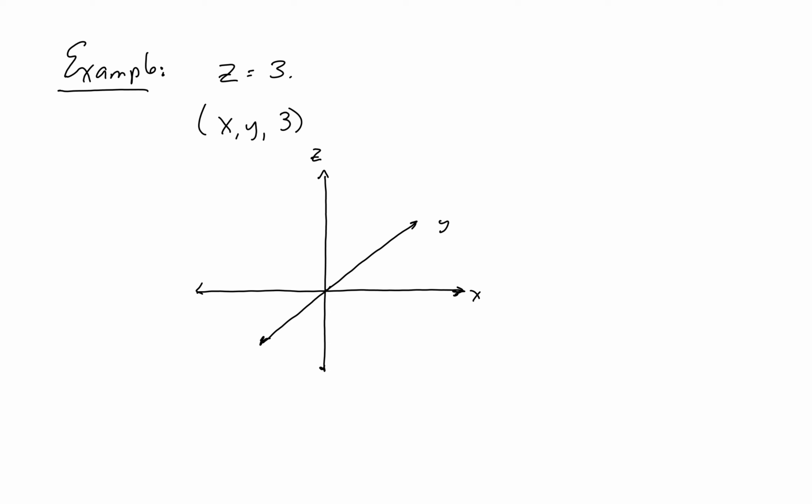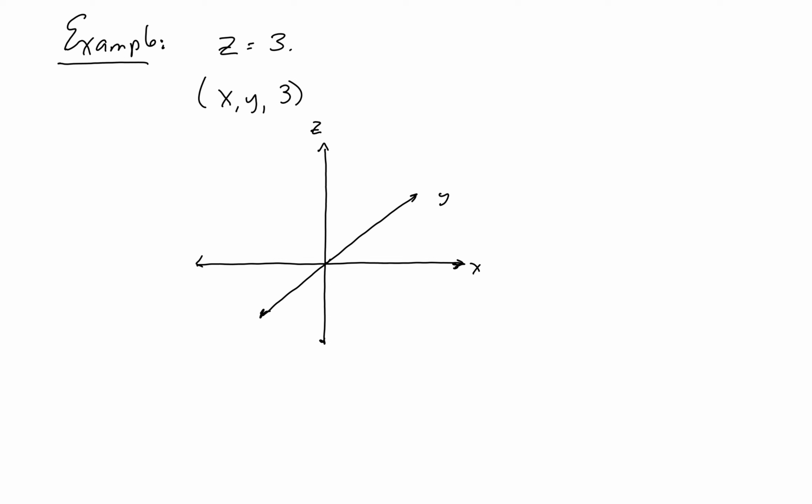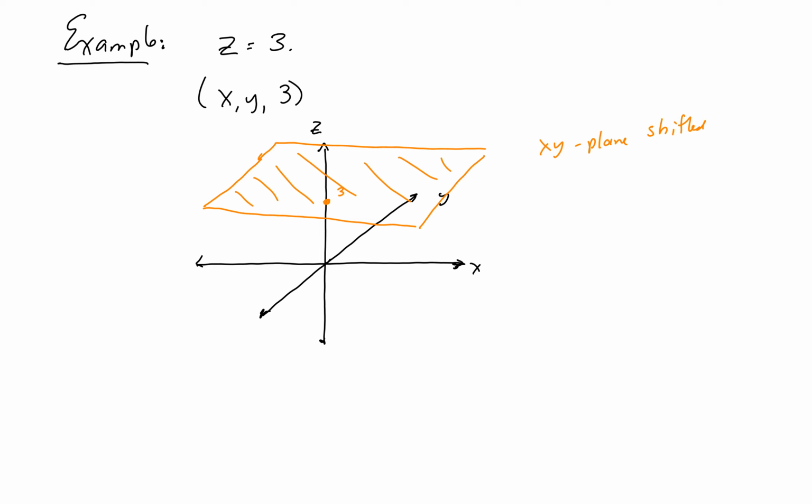So if we label these things, we go up here to 3, and everything on our graph has to be at that height, but otherwise it can be anything. So it's just a plane like this. It's basically the same as the xy plane, just shifted up by three units.